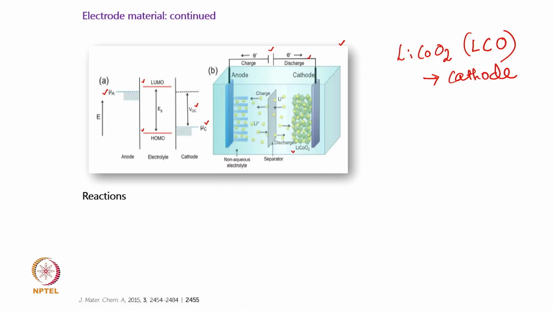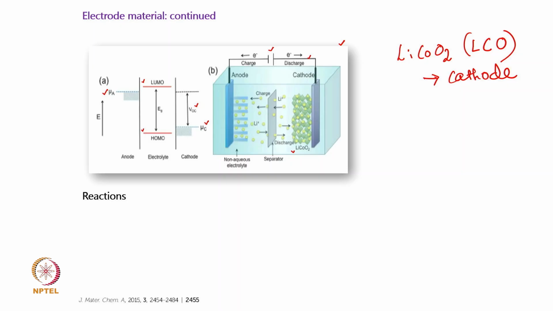During charging, we charge the lithium ion battery by the de-intercalation of lithium from the cathode, which moves towards the anode. When we discharge, we connect a load across the two electrodes, and the power is delivered to that load. This is the way it works.